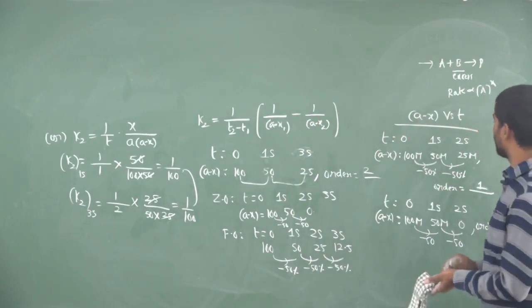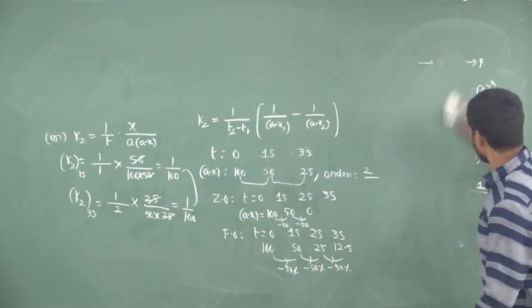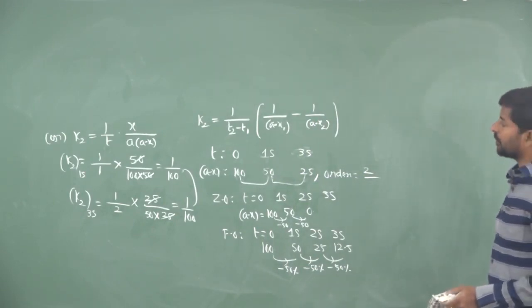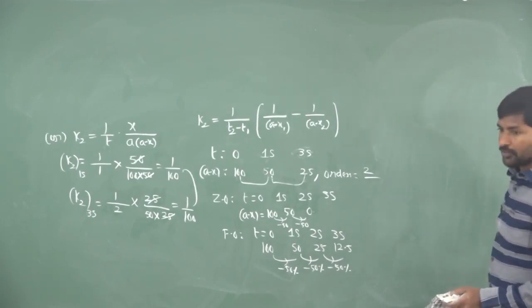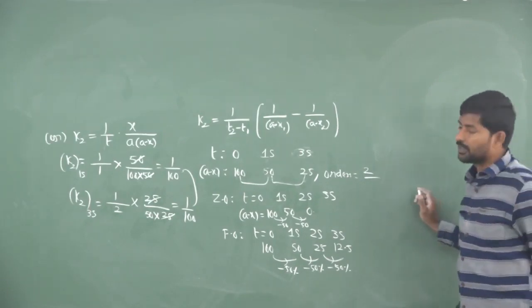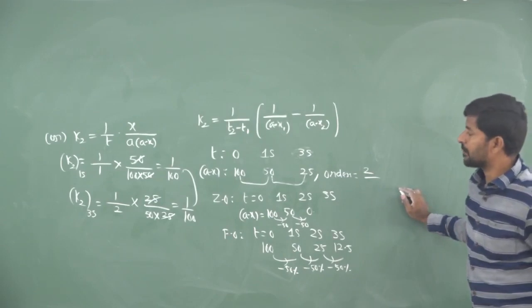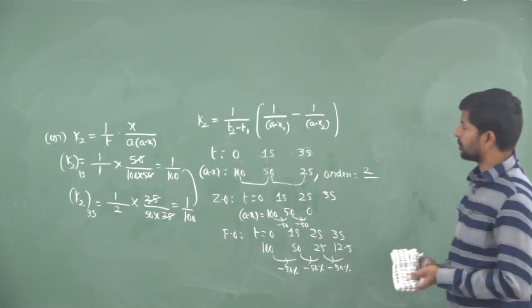This type of question is important, right? So this is about reactions of various orders. Next we have to discuss steady state approximation, complex reactions, Lindemann's theory of unimolecular reactions.